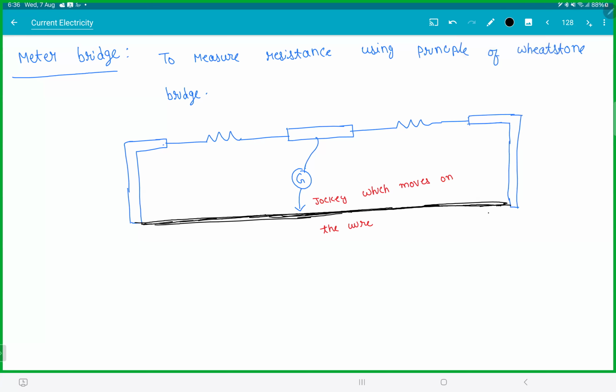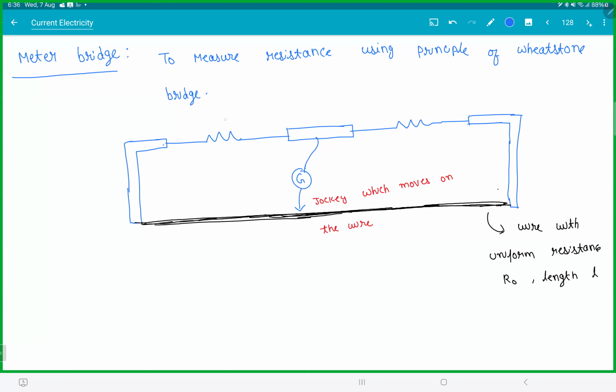This black thing here is a potentiometer wire. It's a wire with uniform resistance, R naught and length L. In the meter bridge you take 1 meter.